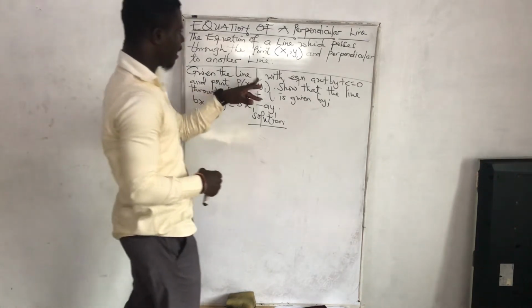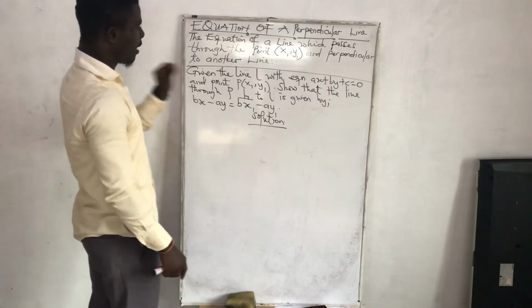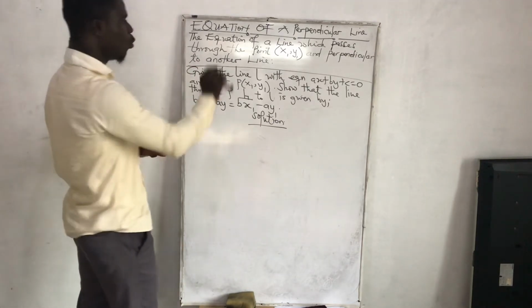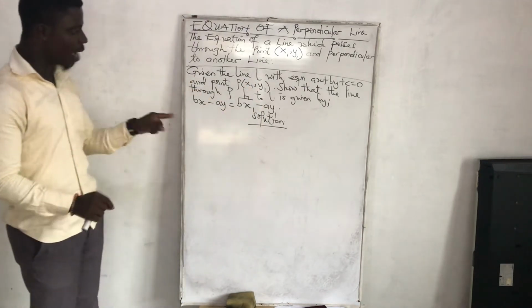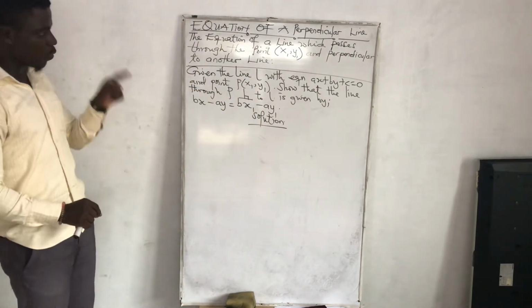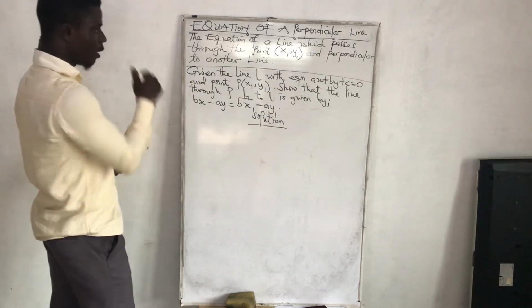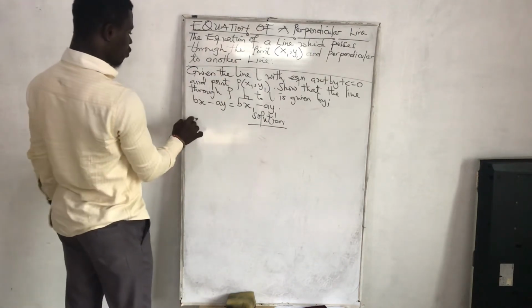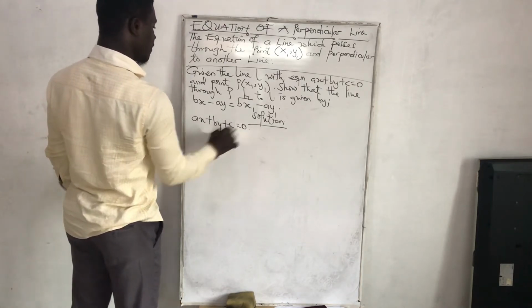So given the line L with equation ax plus by plus c equals 0 and point P(x1, y1), show that the line through P perpendicular to L is given by bx minus ay equals bx1 minus ay1. So now we have our equation, which is ax plus by plus c equals 0.